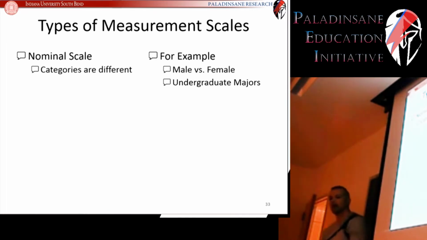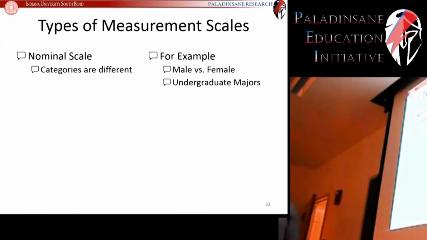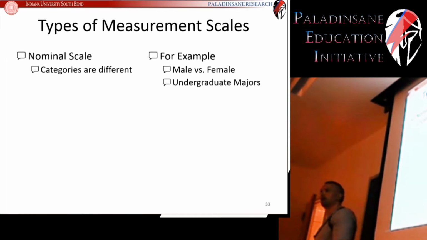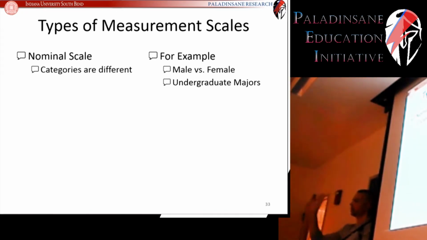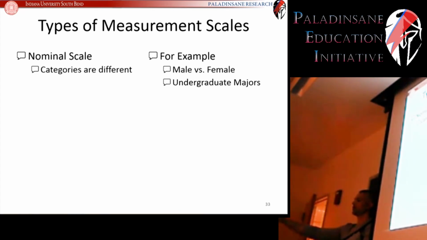And one of the things that we can't do right here is take averages of a nominal scale. So we would be unable to analyze IUSB and say, all right, 1/3 of the students are psychology majors, 1/3 are anthropology majors, and 1/3 are mathematics majors.